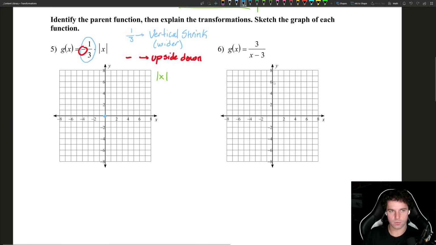If we do negative 1/3 times the absolute value of 3, that's just going to give us negative 1. So 3, negative 1 is a point, which means negative 3, negative 1 is also a point. That gives you 2 points that you can draw lines to. Let's just draw it.